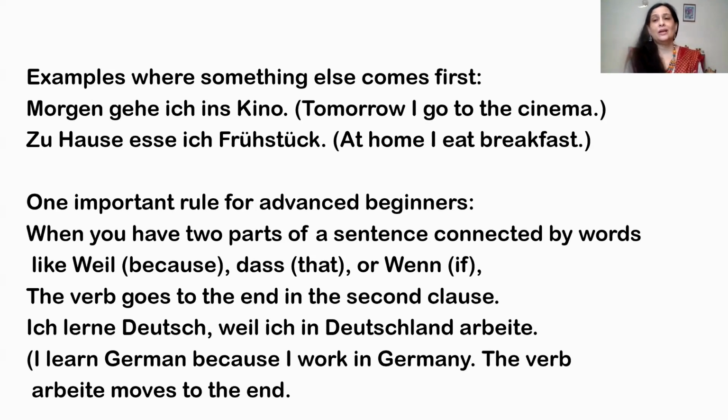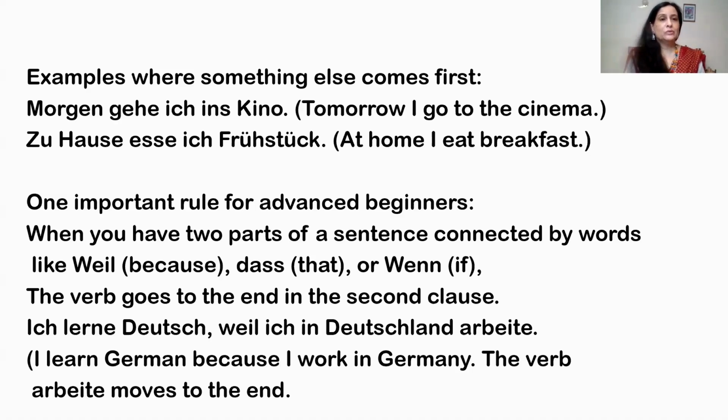Examples where something else comes first. Now suppose Morgen, here Morgen is coming at the first position. Morgen gehe ich ins Kino. Morgen is tomorrow: tomorrow I go to the cinema hall.